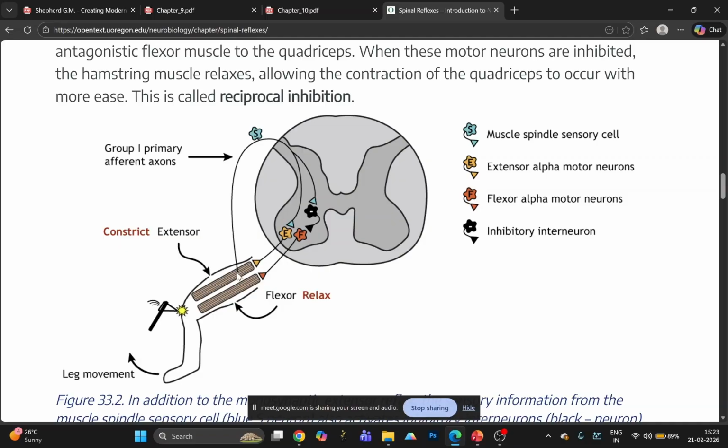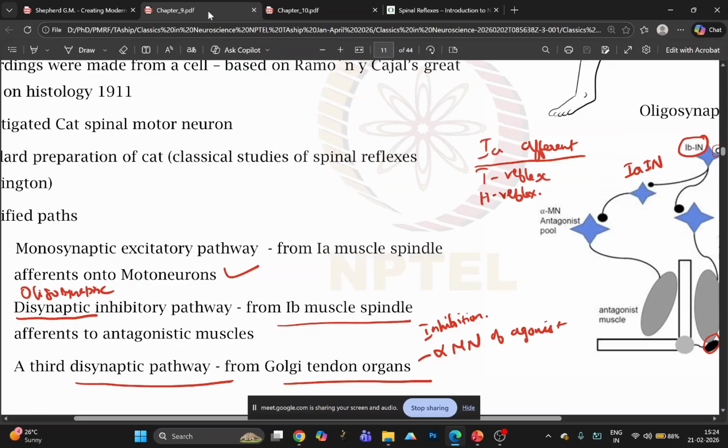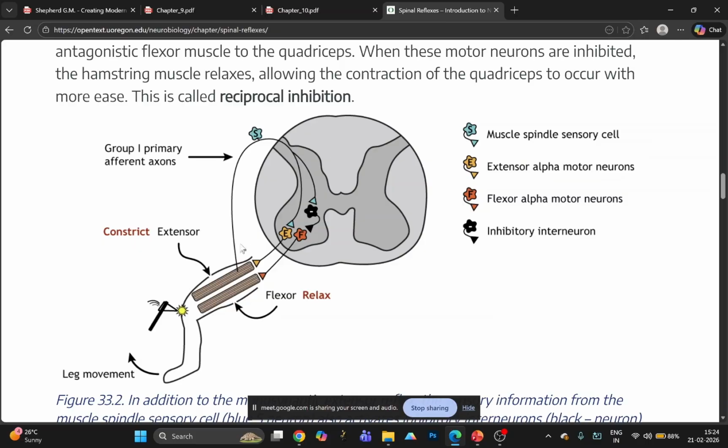For that, when the sensory neurons are carrying information from the muscle spindle to the spinal cord, the 1B afferents, basically the 1B sensory neurons, synapse with certain interneurons that are present in the spinal cord.